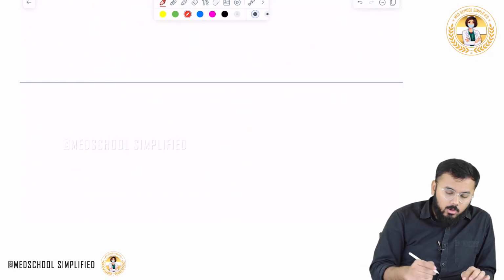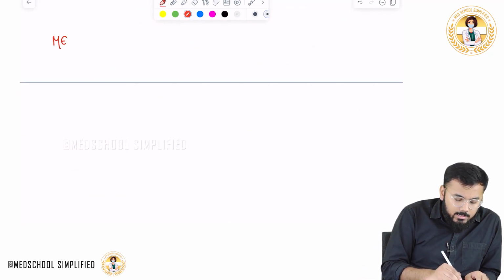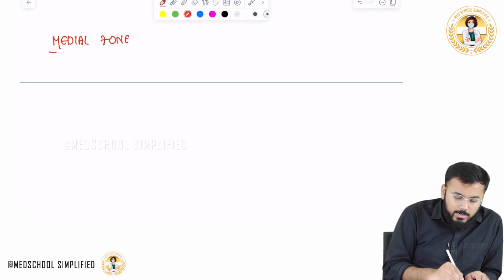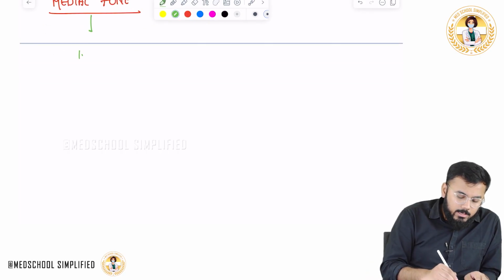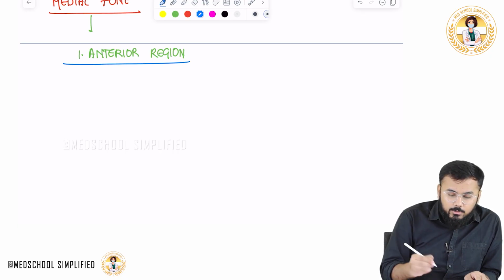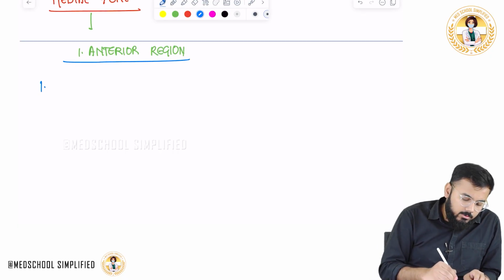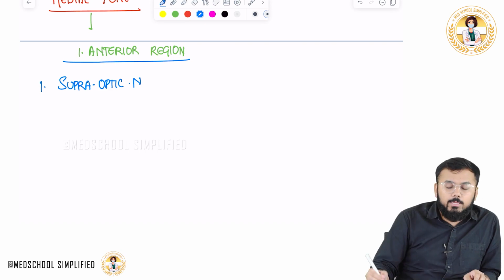So let us write down all these things, guys. So whatever we have just discussed, we have discussed that the medial zone is having nuclei. The first important nuclei here is the anterior region. So in the anterior region, what are the nuclei you have studied? The first nucleus which you have studied is the supraoptic nucleus.